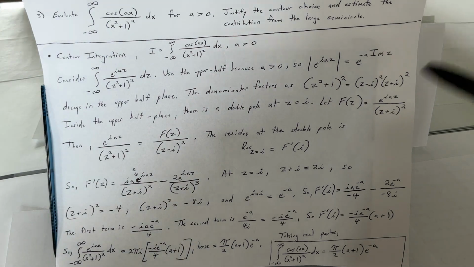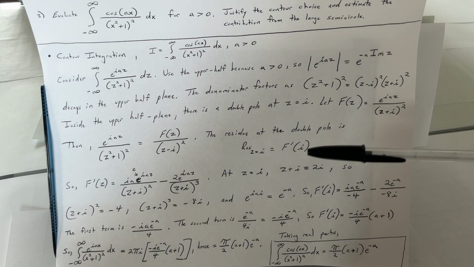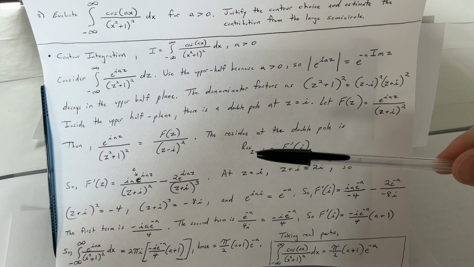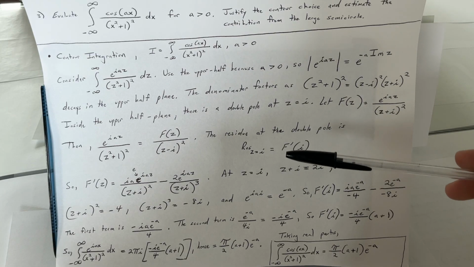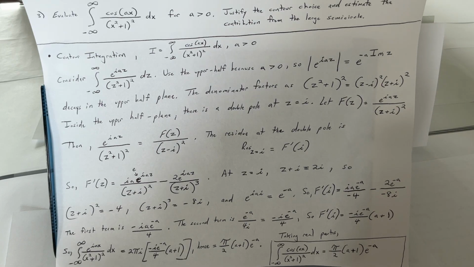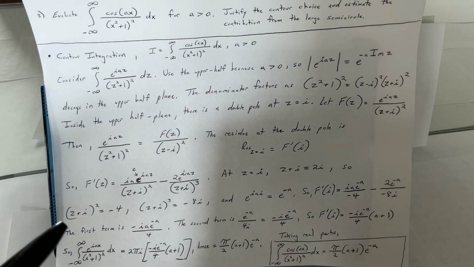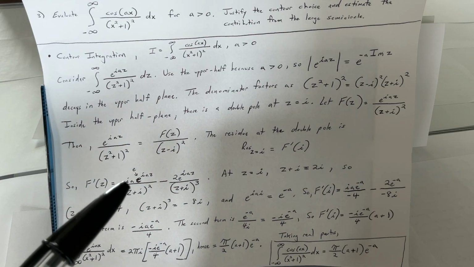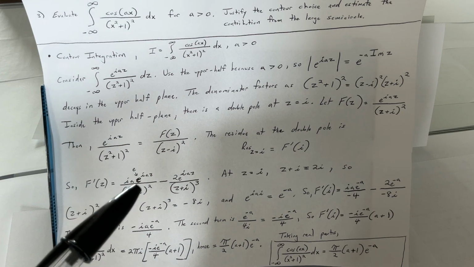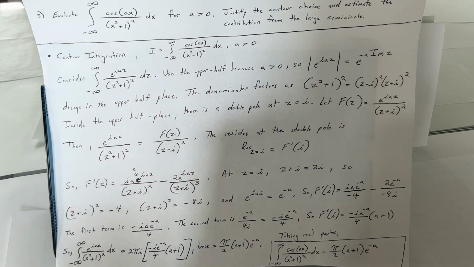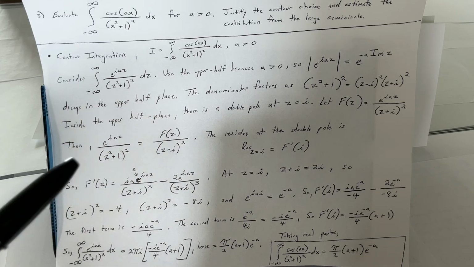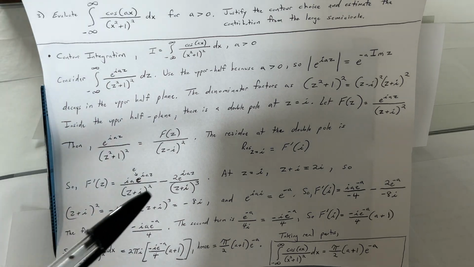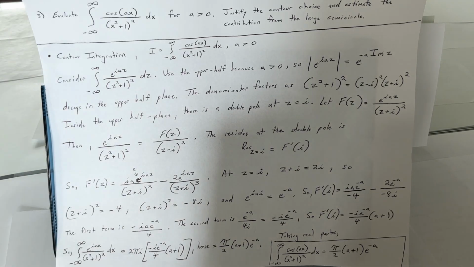And the residue at the double pole z equals i equals f prime of i. So f prime of z is going to equal i a e to the iaz over the quantity z plus i squared, minus 2 e to the iaz over the quantity z plus i cubed.